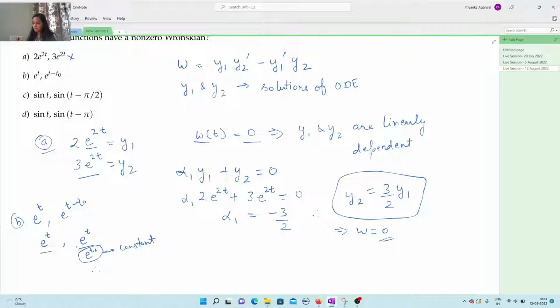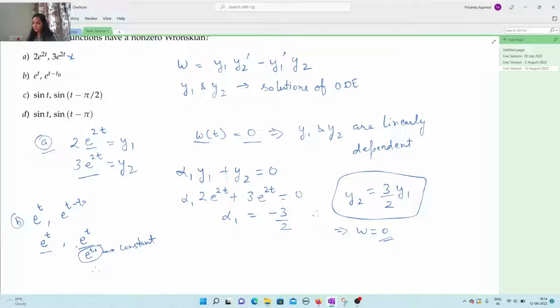Sin t and sin of t minus pi by 2. Now, this can be written as minus sin of pi by 2 minus t, and this will become minus cos t.